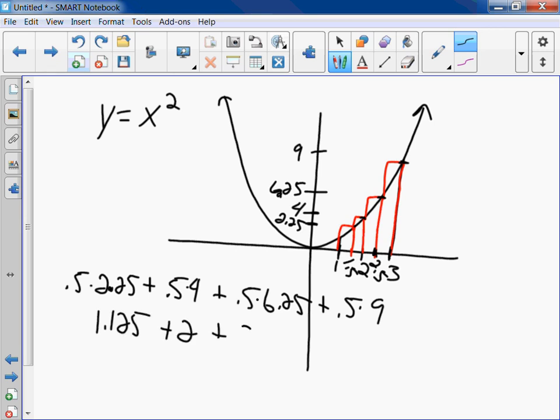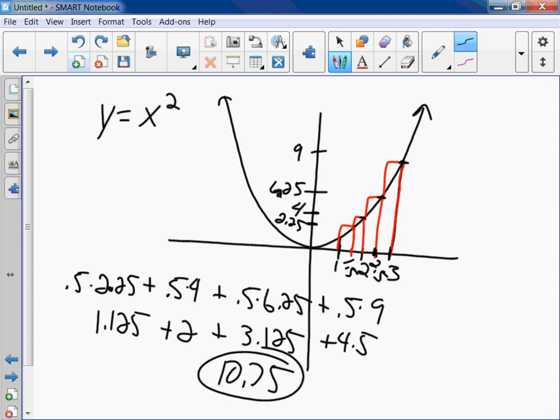And that adds up to, is it 10.75? And that's approximately the area under that curve, but it's not exact. It's an over approximation.